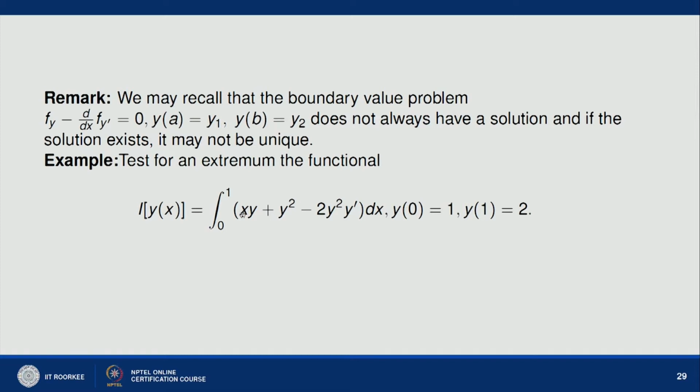Let us take one example and see how true this remark is. Let us take the extremal of the functional I of y of x equal to the integral from 0 to 1 of xy plus y square minus 2y square y dash dx, with the boundary conditions that y of 0 is equal to 1 and y of 1 is equal to 2.